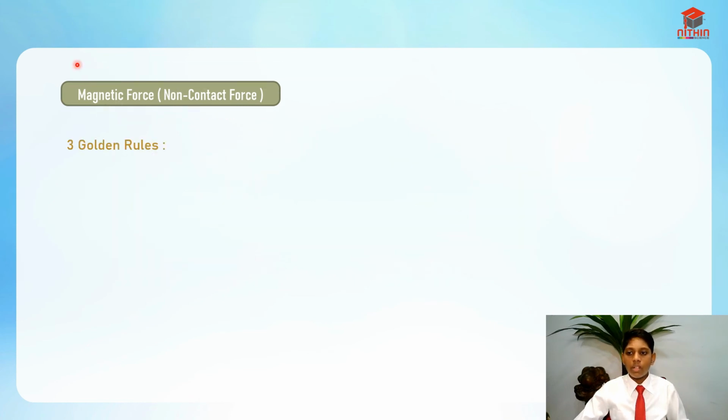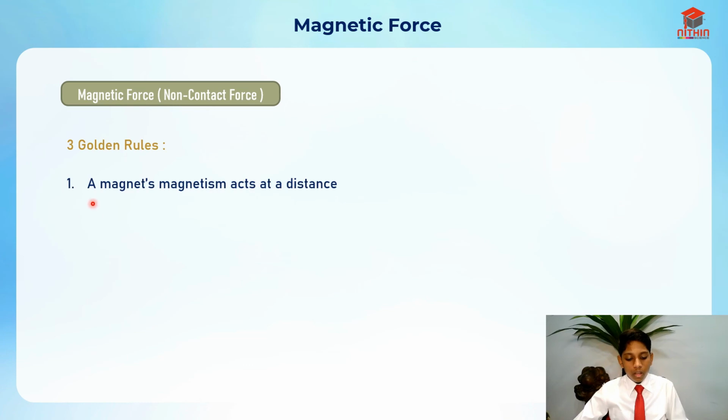Okay, next we have 3 golden rules for magnetic force. So what are the 3 golden rules that we need to know? So first, magnetism acts at a distance. So we have a magnet over here, north, south. Imagine if I have an iron ball over here.